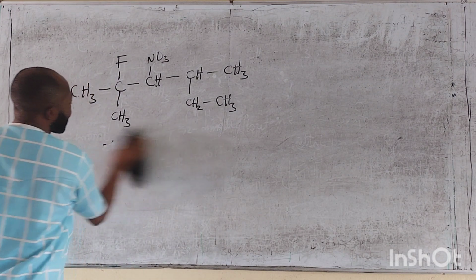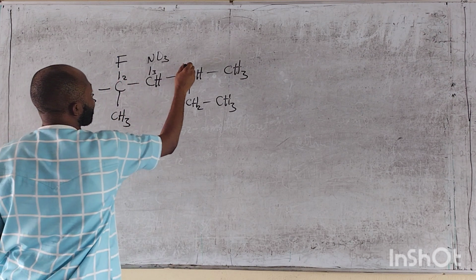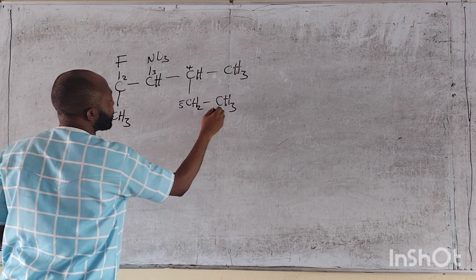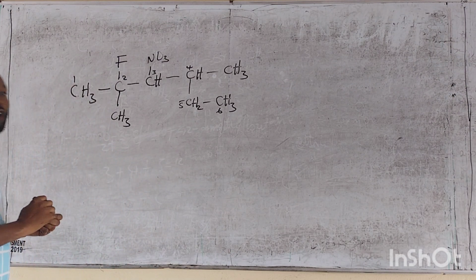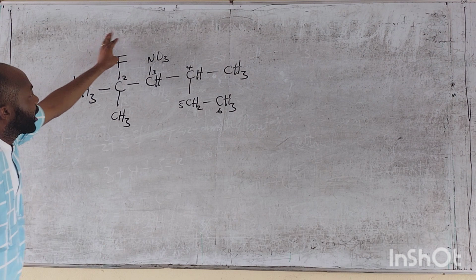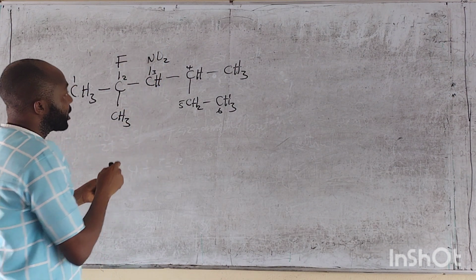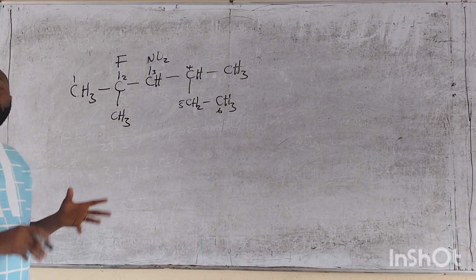So if that is the case, I will now number this 1, 2, 3, 4, 5, 6 as my longest chain. Now, F is fluoro. NO2, sorry, this is not NO3. NO2 is nitro. It is a heteroatom.